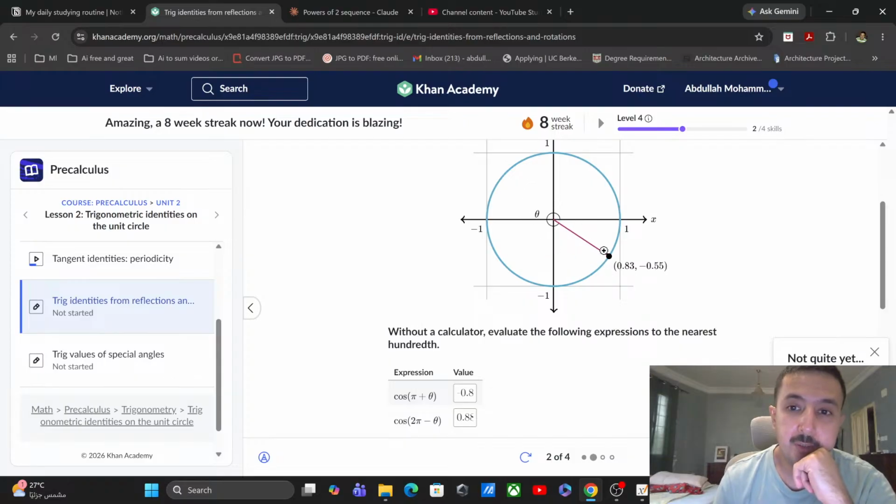It goes here. Wait. Plus 1 pi, it's going to be here. Theta.